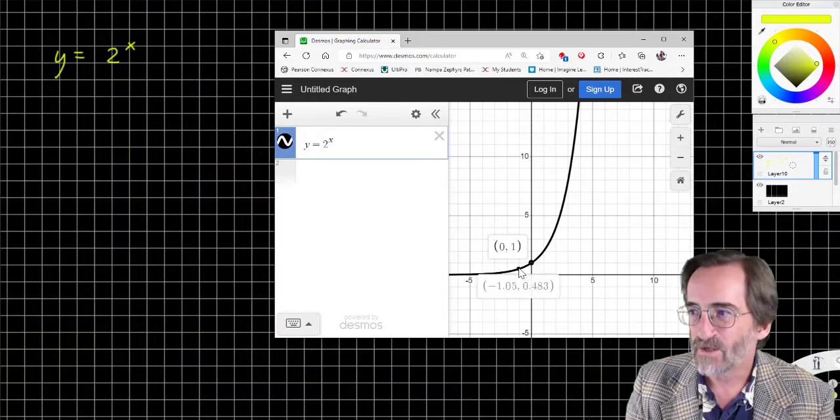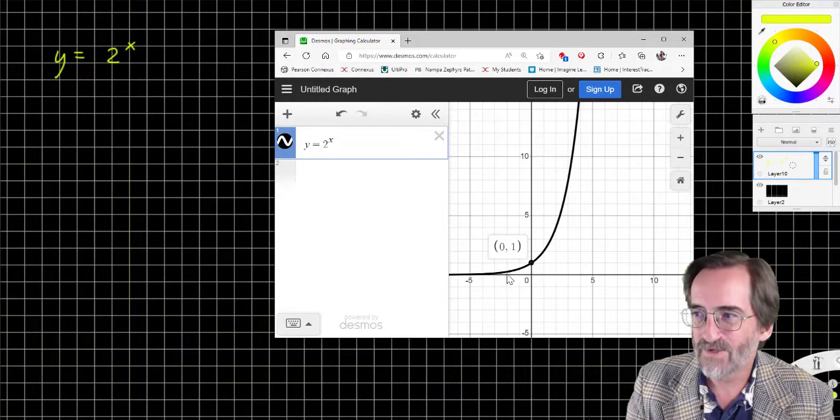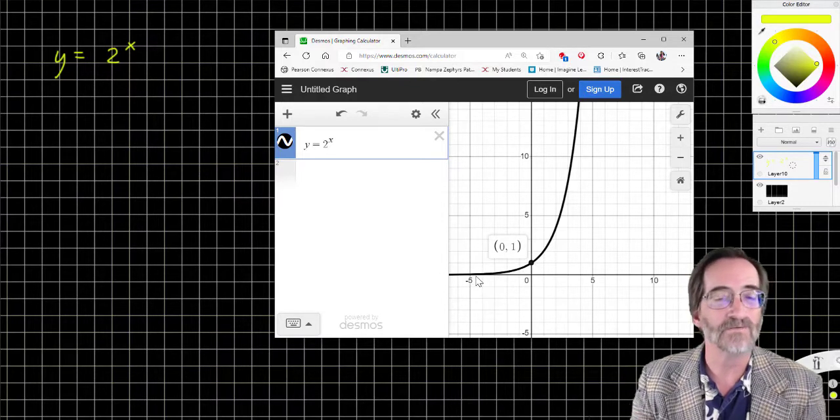The other direction, if I go to -1, 2 to the -1 is 1/2, right? And so we're dividing by 2 going to the left. And notice the shape is asymptotic. It's going to go closer and closer to 0 because we continue to divide by 2.